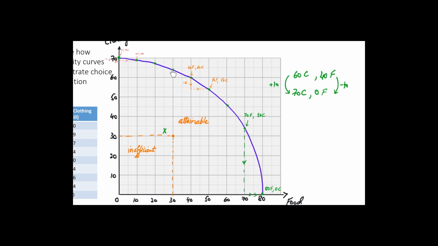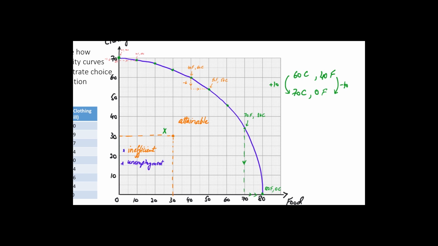I have the capacity to do that, but I'm only making 30. So 34 units of resources are being wasted here. That's why I say it's inefficient and there will be unemployment because of this.